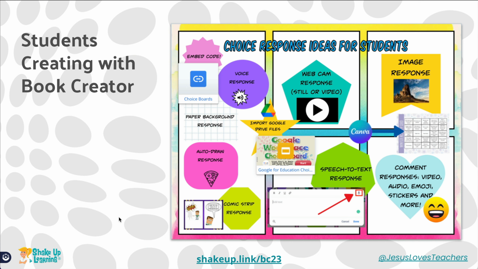So this is that student side that we're talking about, and the various choices that students might have from an activity in a choice board, or if you're just learning about Book Creator like I was, any type of thing you might have a student do or create. I tried my best to squeeze it into one page, which was a little bit difficult and why it looks a little bit crazy here. But let's just walk through it.